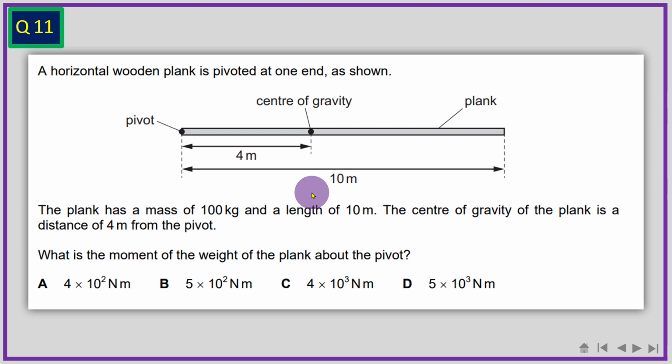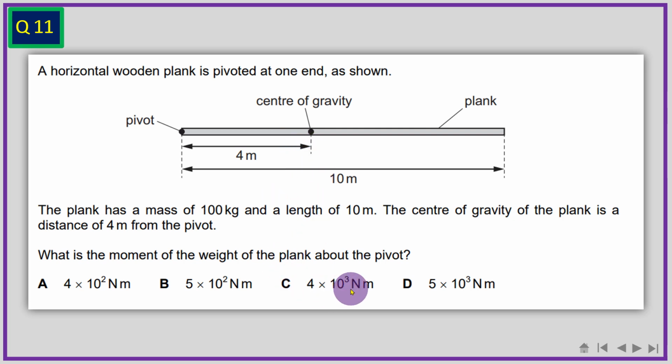The weight of an object is given by its mass times the gravitational field strength. So we are going to have 1000 newtons acting at this particular point, and its moment about the pivot will be 4 meters times 1000 newtons, and that will be 4000 newton meters clockwise.